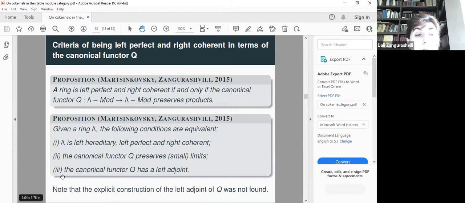Actually, the equivalence of the first and the third was already mentioned by me. And as I told, we proved the equivalence, but we did not give the explicit construction of the left adjoint of Q in that paper. We will do it in this work.